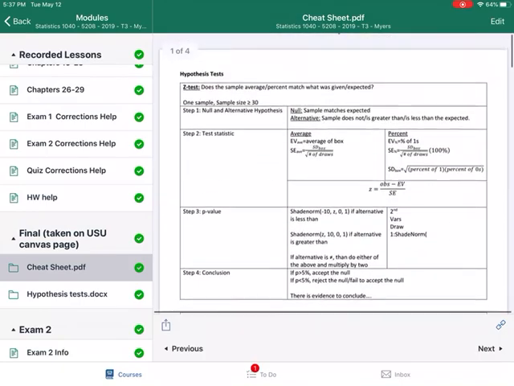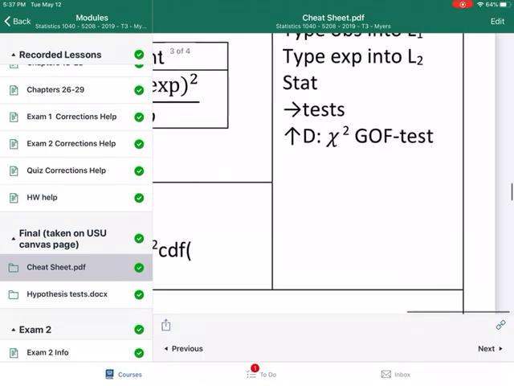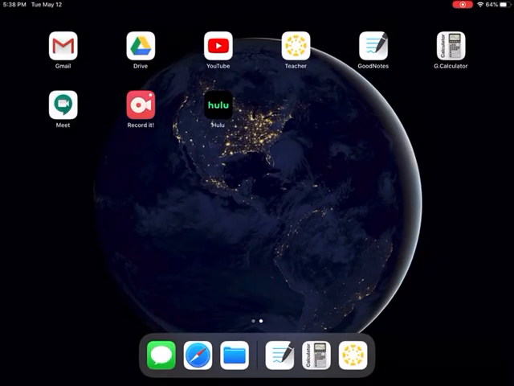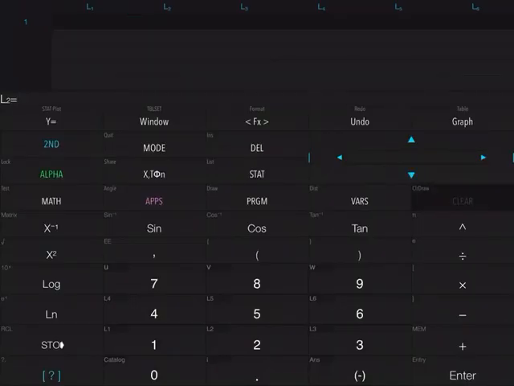So we're again going to follow these steps. Remember, that's on the third page of this cheat sheet that you're going to want to memorize. As you're working with these problems, you'll memorize it.